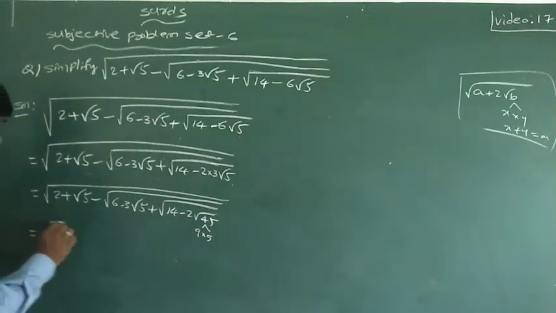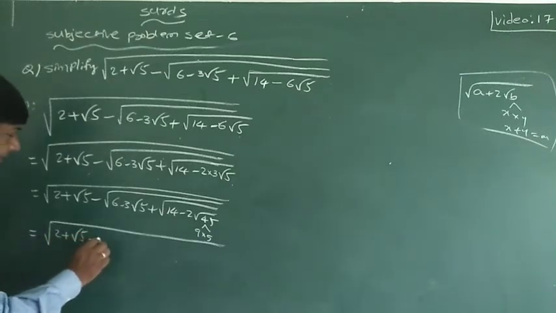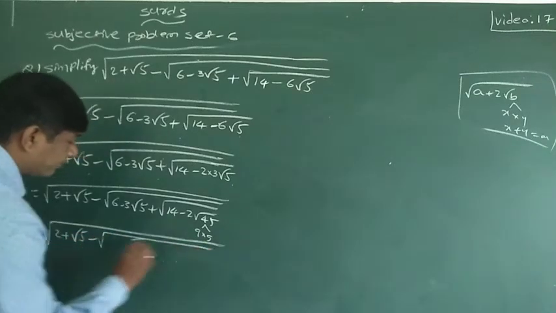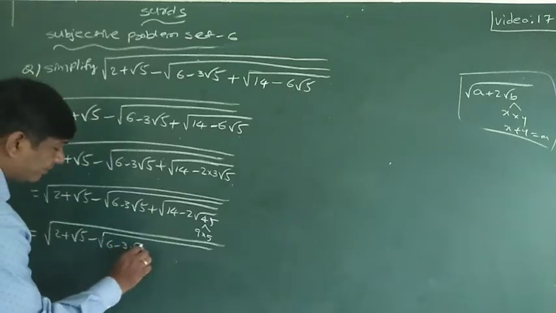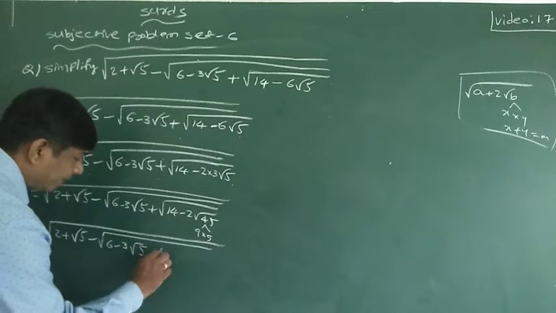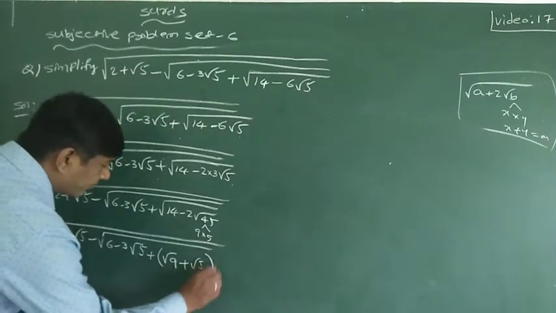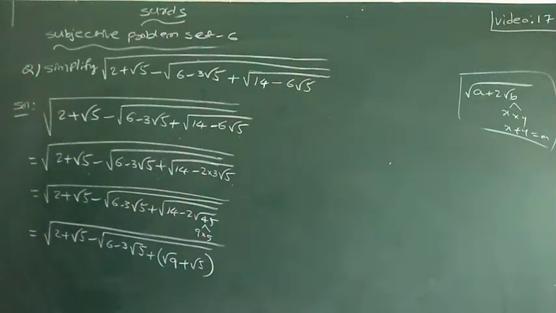So this is equal to root of 2 plus root 5 minus square root of 6 minus 3 root 5 plus, bracket, write down root 9 plus root 5. Plus is there now. Binomial term, always write brackets.